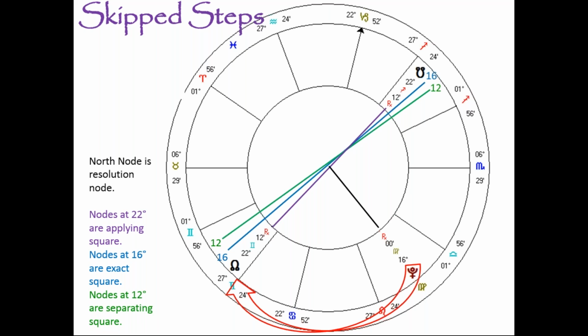Now, this is what's specific to determine nodal axis relationship, because all the nodes are compared to the planets. If it's Venus, even if it is the moon becomes the starting point. You go in a clockwise fashion to the nodes.